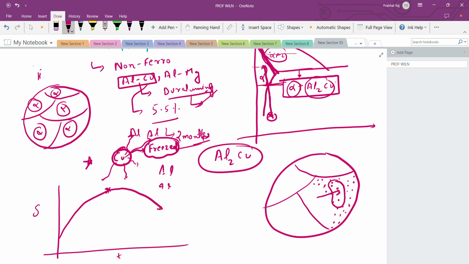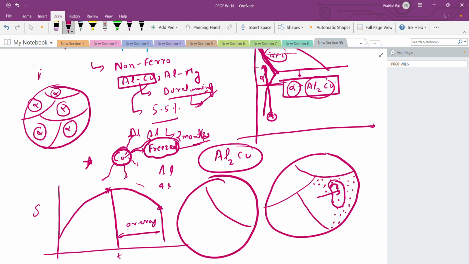Why has this strength fallen down? This process is called overaging. When we left it again for some time, these precipitates now combine and form a bigger compound. And these big compounds are now repelling each other and creating a space.